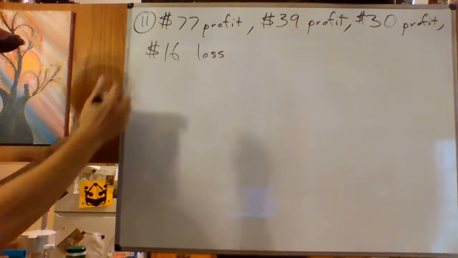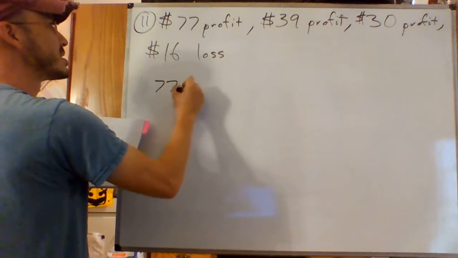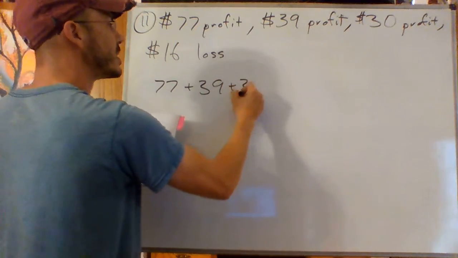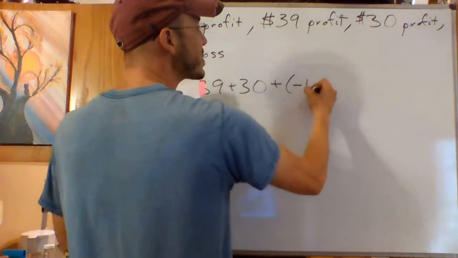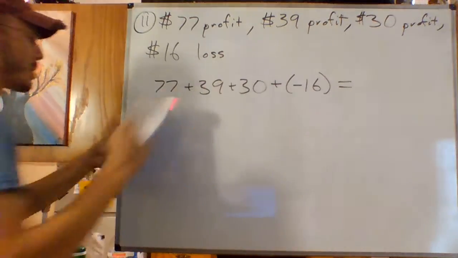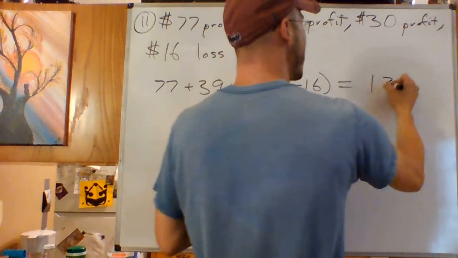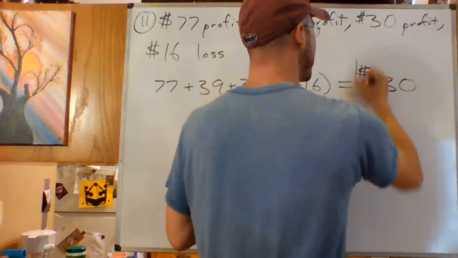And I can put all those together to find the total amount with 77 plus 39 plus 30 plus negative 16, or you could just say minus 16. Either way, that comes out to $130.